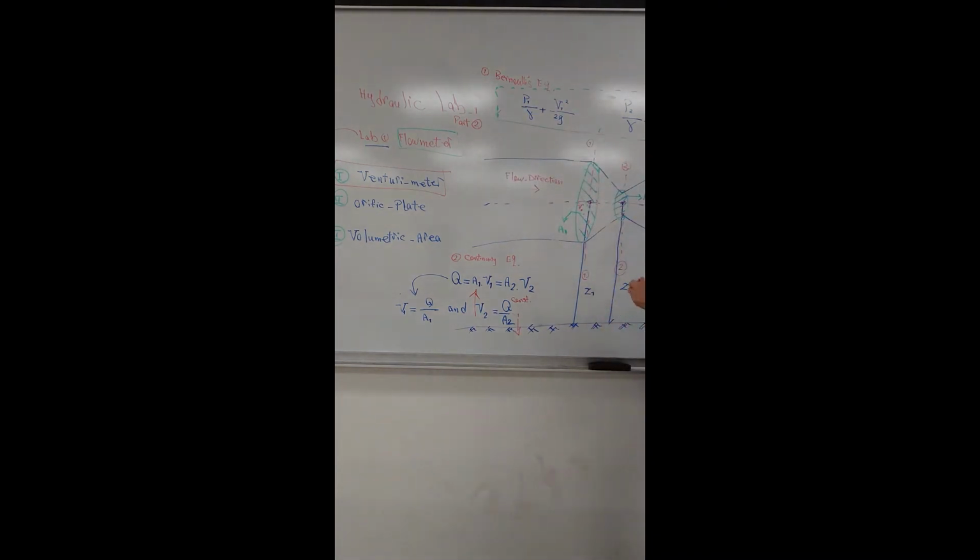So it simplifies to, let me rewrite the equation here once more: P1 over gamma plus V1 to the power of 2 over 2g would be equal to pressure P2 over gamma plus velocity 2 to the power of 2 over 2g.